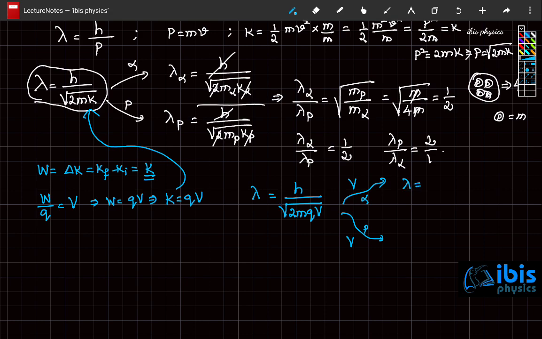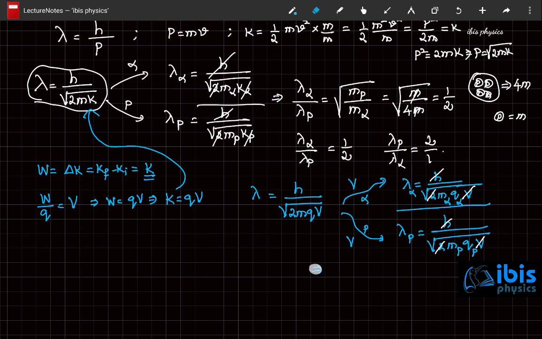Lambda of the alpha particle equals h divided by root of 2 into the mass of the alpha particle, the charge of the alpha particle, into the potential difference, and lambda of the proton equals h divided by square root of 2 into the mass of the proton, the charge of the proton, and the potential across which it is accelerated. When you divide these two equations, the common terms will be cancelled: h and h will be cancelled, both are accelerated by the same potential, cancel, 2 and 2 will be cancelled.